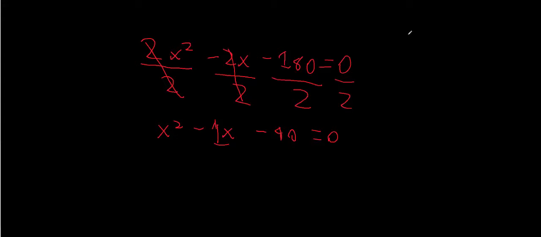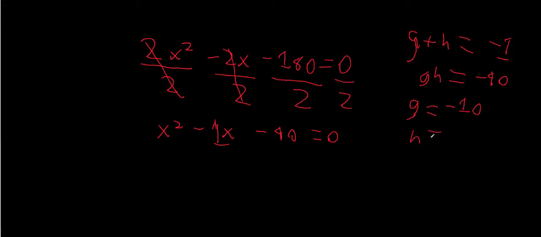So now we can just solve it by factoring, and do, I believe I called it g and h, so g plus h equals -1, and g times h equals -90. You could solve this one, and hopefully -10 and +9 jump out to you, with g equaling -10 and h equaling +9.